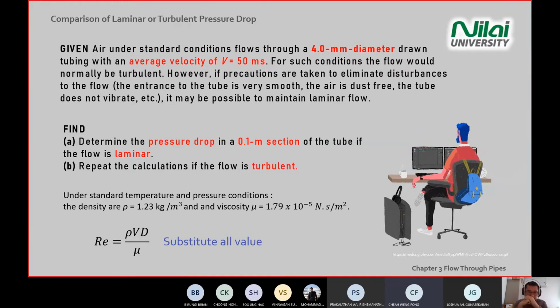So we divide by 1000, times 1.23 times the V, then divided by the mu, which is 1.79 times 10 to the power of -5. So what is the answer?